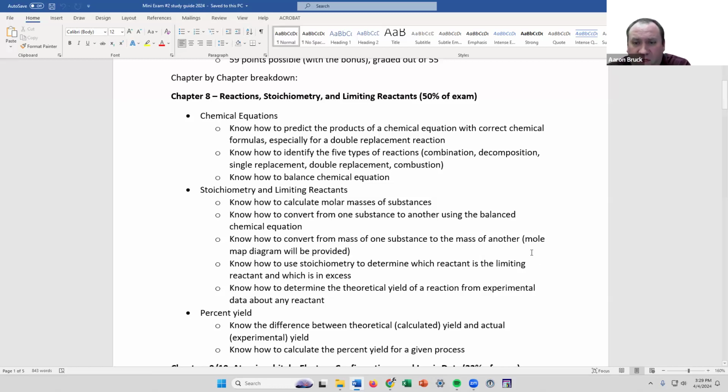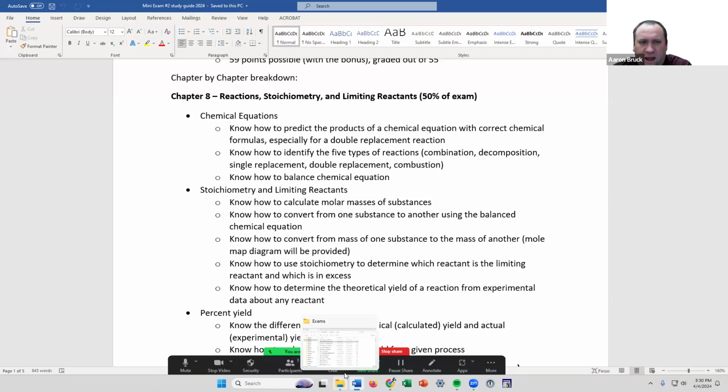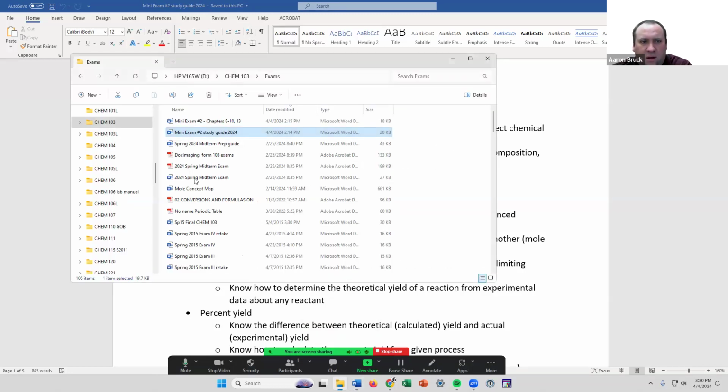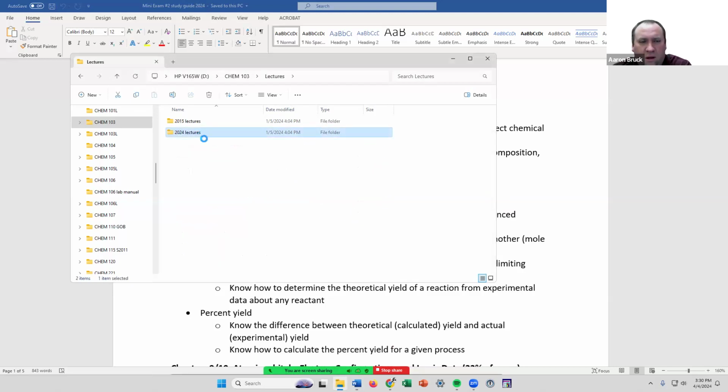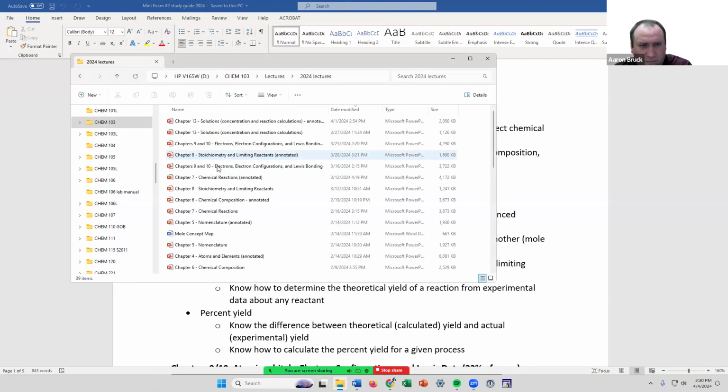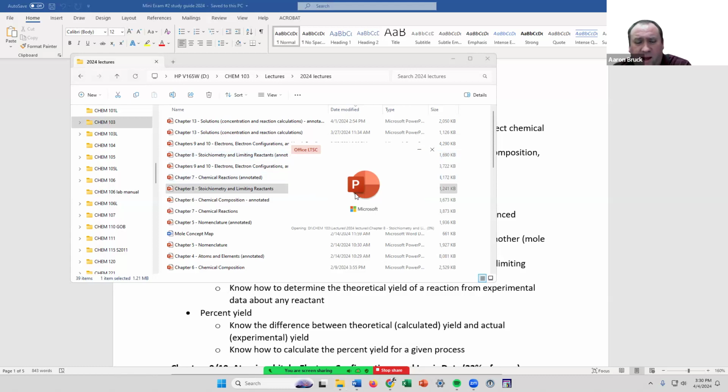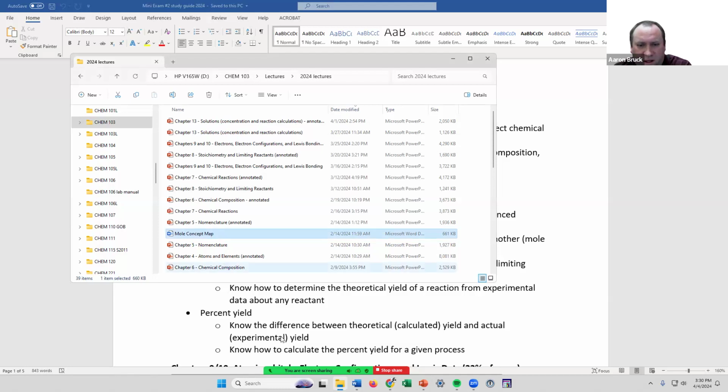To help along with that particular task, I am going to be providing you that mole map diagram. If you remember from our lectures over that material at the time, what I'm talking about is this diagram in particular right here.